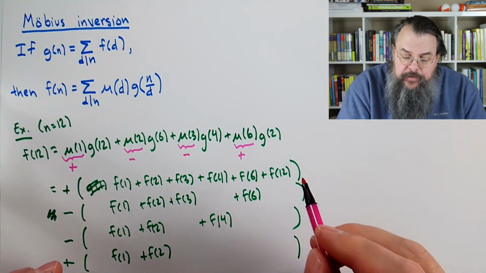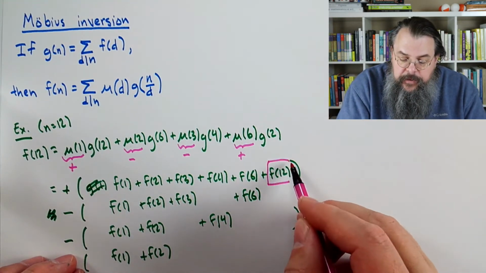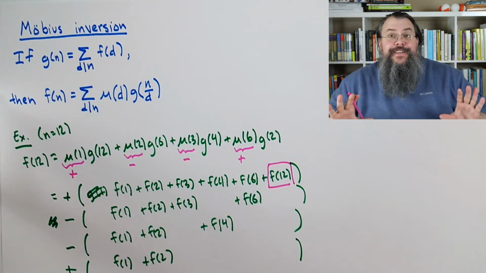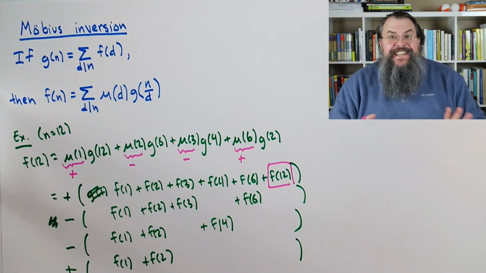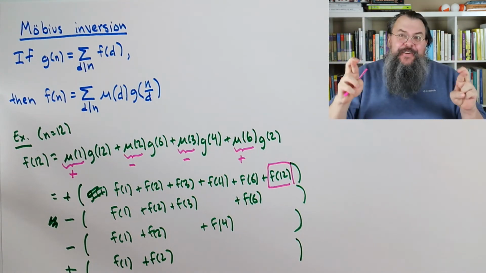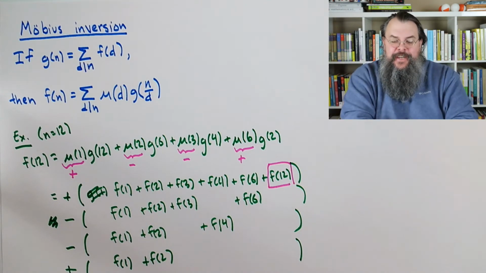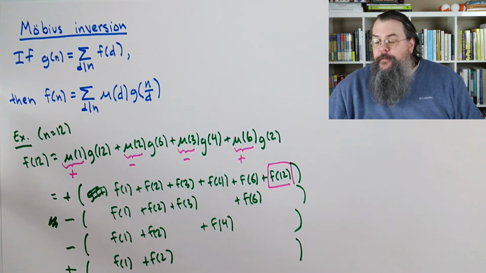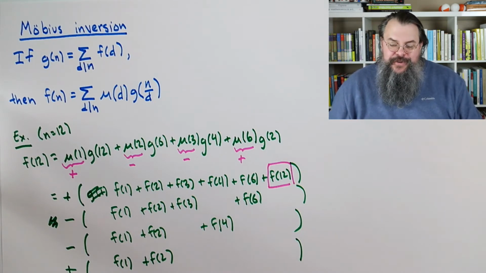We had a single f of 12, and there we go. That's good. Now, what should happen is everything else should cancel out. So that's what we're hoping for. So cross our fingers, everything else cancels out. And you know, we shouldn't just hope for things. They should actually be true.